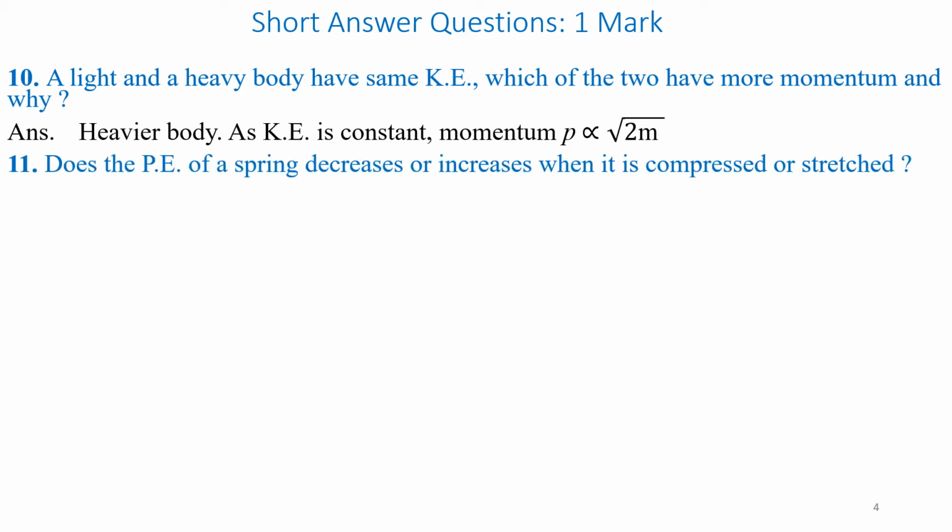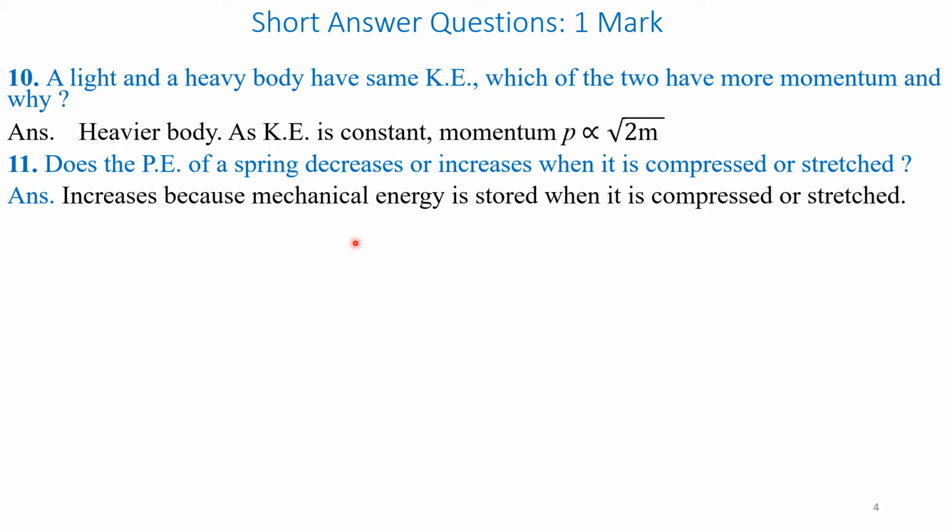Question number 11. Does the potential energy of a spring decrease or increase when it is compressed or stretched? Answer. When the spring is compressed or stretched, the mechanical energy is stored in it. Hence, the potential energy increases.